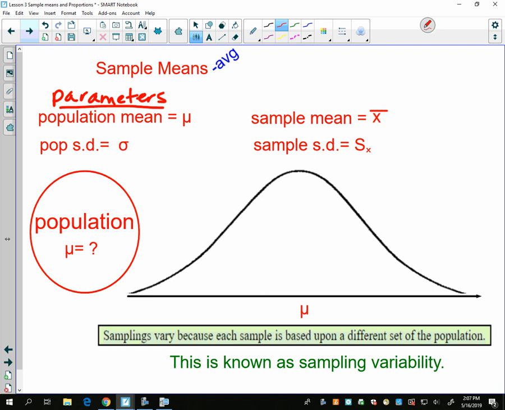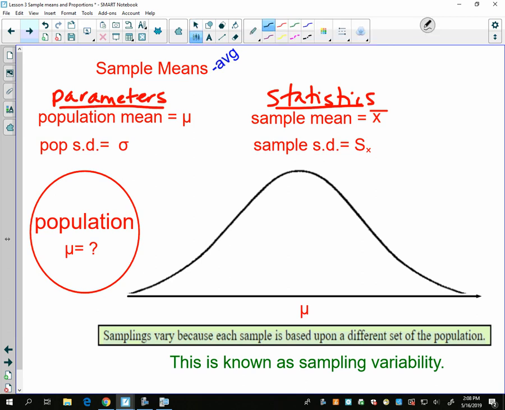The sample mean is x bar and the sample standard deviation is s. These are statistics. Okay. So again, and you're going to hear this over and over again, we do not know the mean of the population. So what do we do? You take a sample.